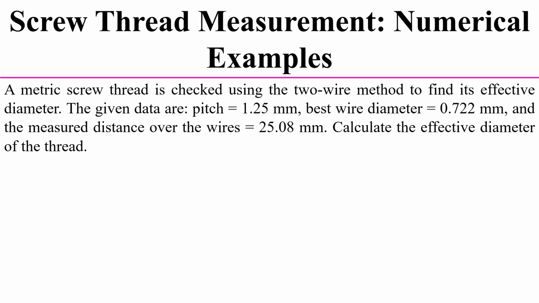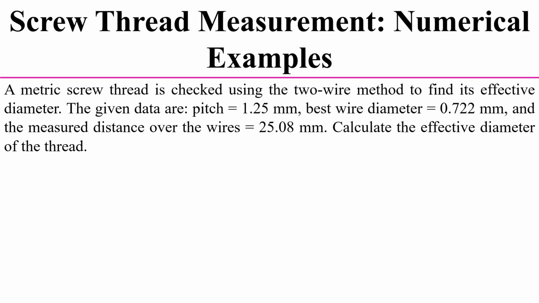A metric screw thread is checked using the two-wire method to find its effective diameter. The given data are: pitch is 1.25 mm, best wire diameter is 0.722 mm, and the measured distance over the wire is 25.08 mm.